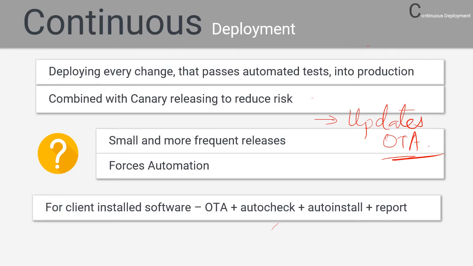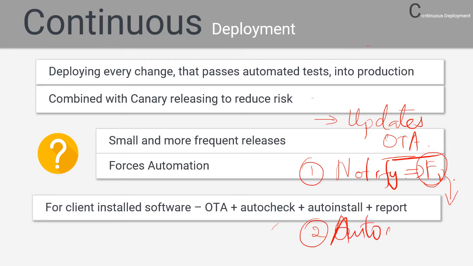And how do we do this? One option is, whenever you've added a new feature, you can notify the user. You can notify that a new feature has been added and would you like to install it. And if the user feels interested, then he can download the feature and install it into the application.